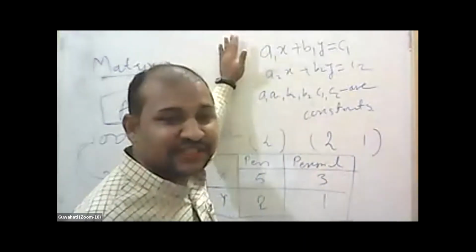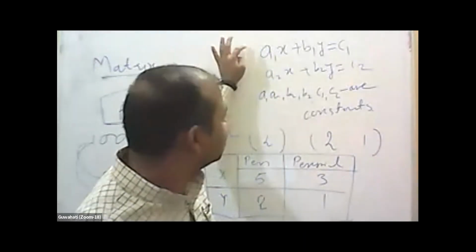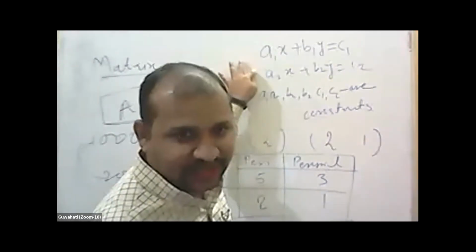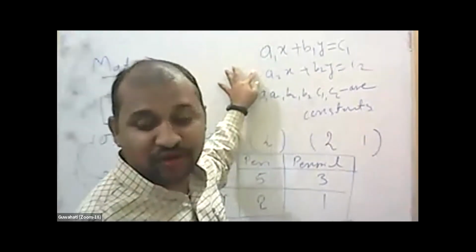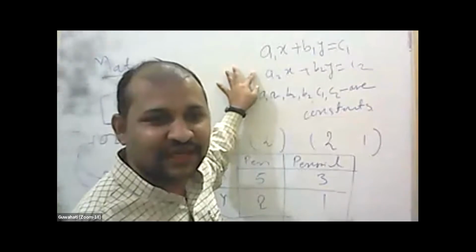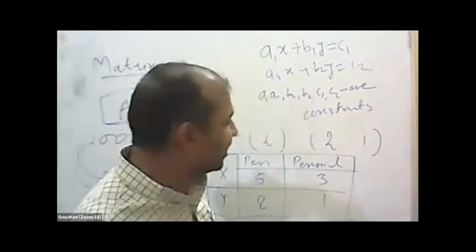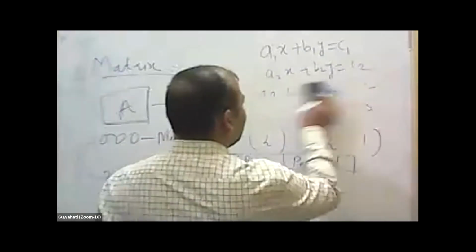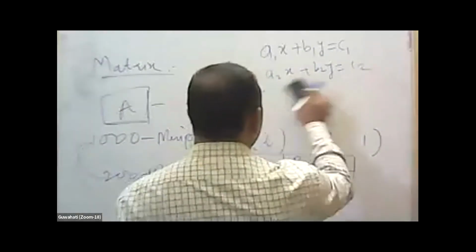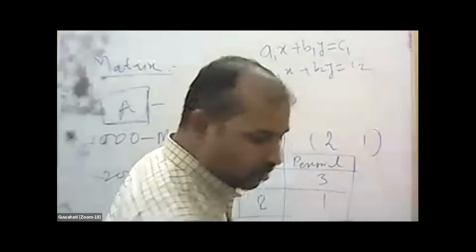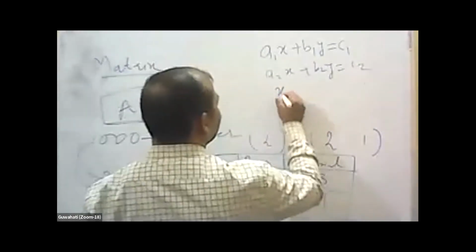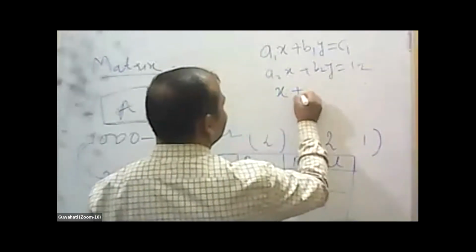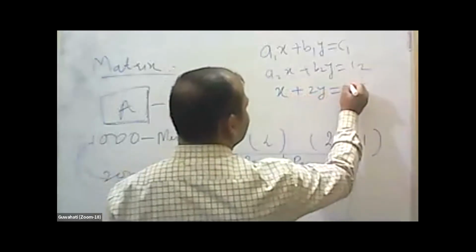This is a set of simultaneous linear equations because these are two equations in x and y. Is it correct? Now I want to find the values of x and y. Or else, if you feel it is a little complicated, I will write a simple equation: x plus 2y is equal to, say, 3.